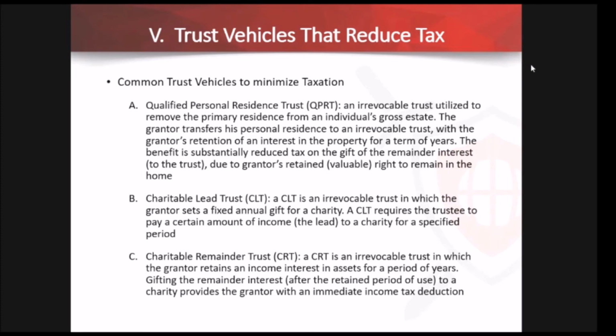So again, it's another way to receive an income tax deduction because they're able to value it based on the term. The person who makes the gift gets an income tax deduction during that entire time, and you're getting income back during that time. But then when it's over, the charity has the remainder. So these are two income tax ways to have charitable intent but receive a great income tax deduction.